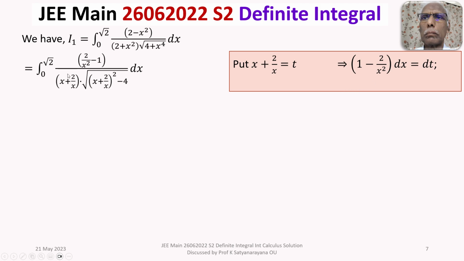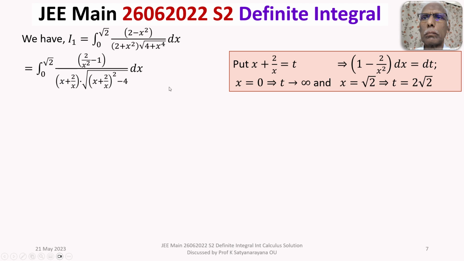Now this is a definite integral, so what happens to the limits? When x is equal to 0, 0 plus 2 by 0 tends to infinity, so t tends to infinity. When x is equal to root 2, it is root 2 plus 2 by root 2, that is root 2 plus root 2, that is 2 root 2. So when x is root 2, t is 2 root 2.